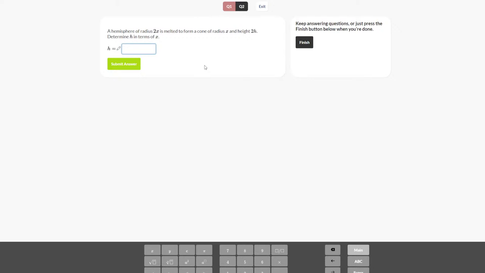Is the area of a sphere 4/3 pi r cubed? It is. The volume of a sphere, yeah. And then a cone is 1/3 pi r squared h.